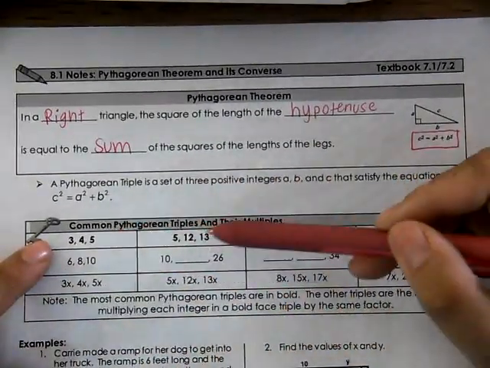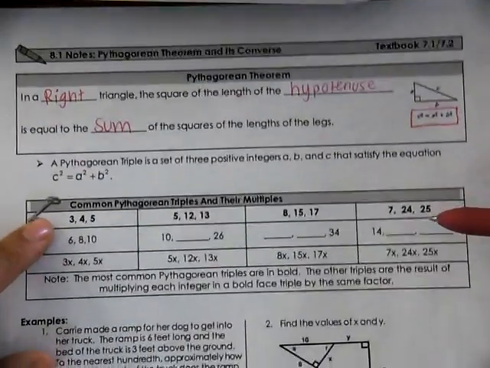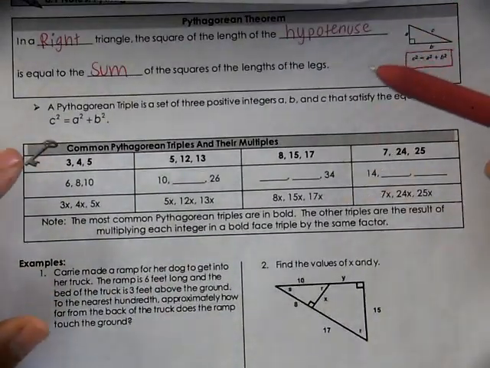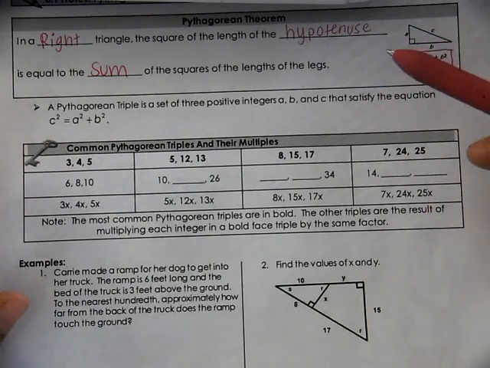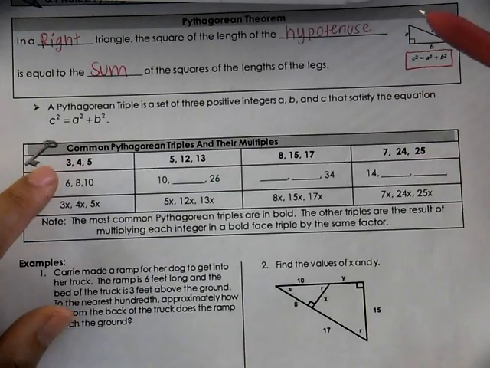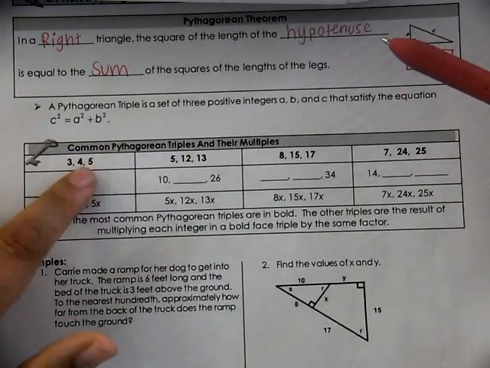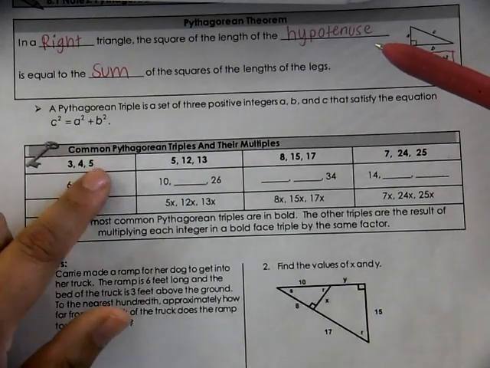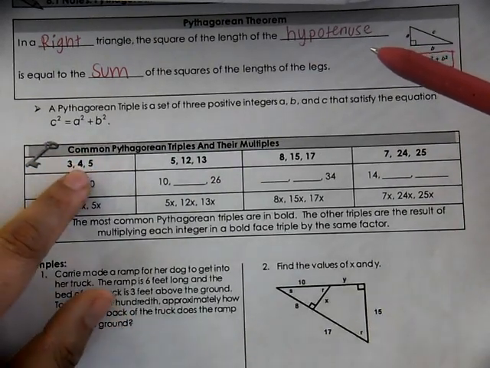Now the ones that are bolded are the ones that I would make sure you memorize between now and eventually the quiz, eventually the test, because it's going to make it so much easier. It saves you so much time when you see that a right triangle has two legs that are 3 and 4. Or if a right triangle had a 3 for a leg and 5 for a hypotenuse, you would know that the missing leg is 4.